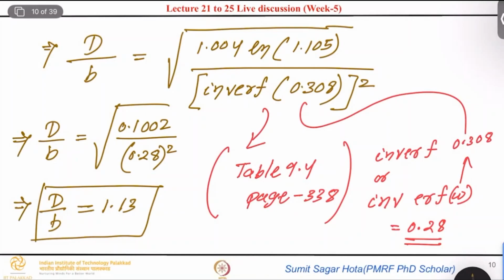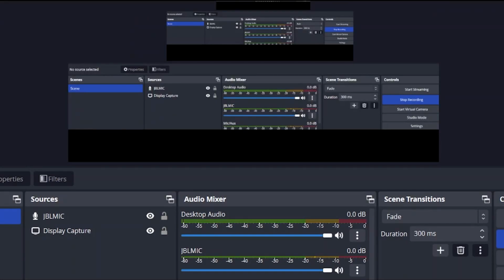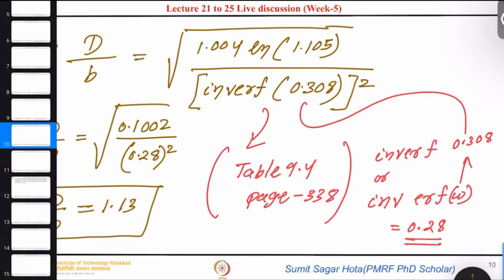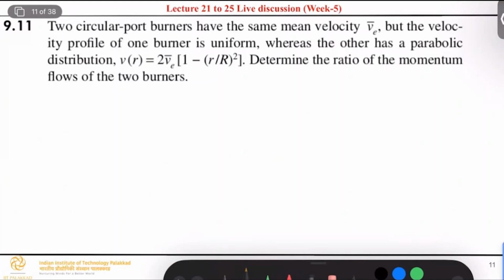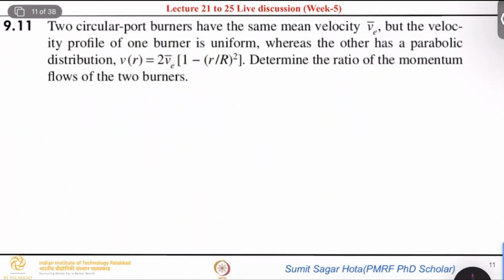Now let's move to our next question. Two circular port burners have the same mean velocity VE, but the velocity profile of one burner is uniform, whereas the other has a parabolic distribution, V of r equals 2 VE times 1 minus r square by R square.